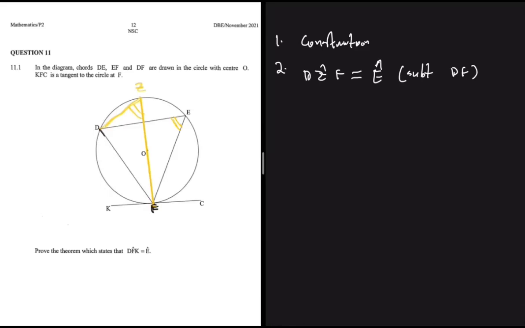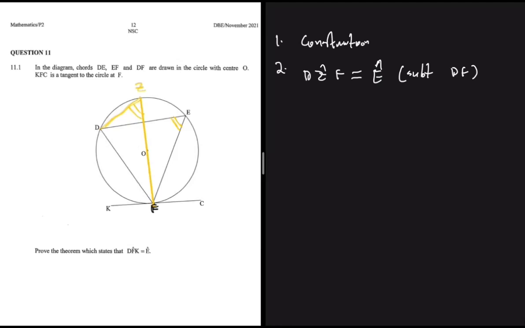So this chord DF is subtending this angle and this angle, so the angles must be equal. And with that said, we are done with step number 2, and we can move to step number 3.